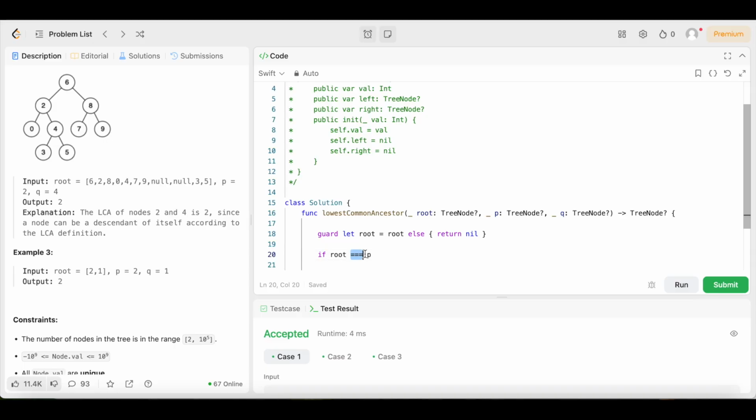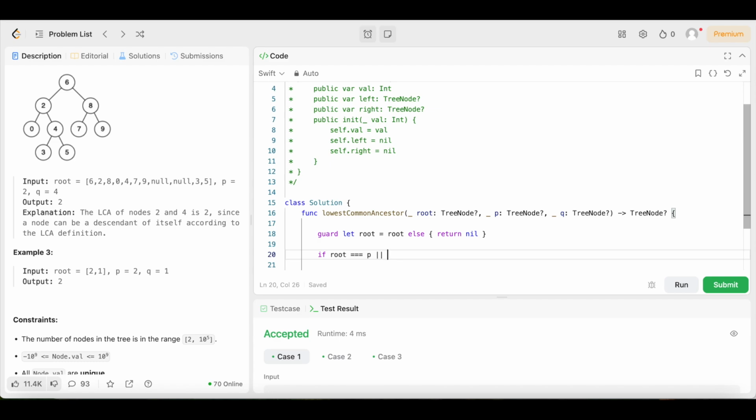That lets us know, just in case two nodes have a similar value. This isn't checking if it has the same value. This is checking if it is the same object in memory, which would mean it's the same node that we're looking for without using the Equatable protocol.